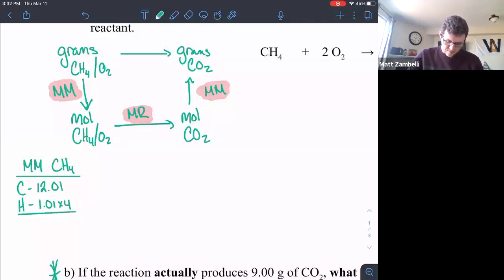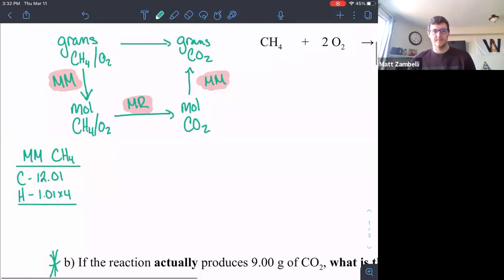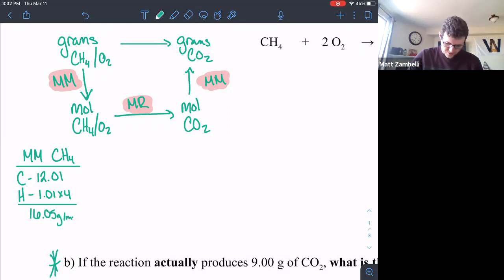If we add all that up, what do we get for the molar mass of CH4, of methane? 16.05, awesome. Grams per mole of CH4.